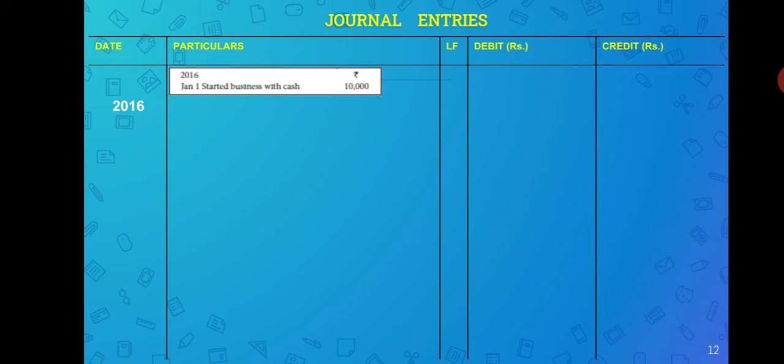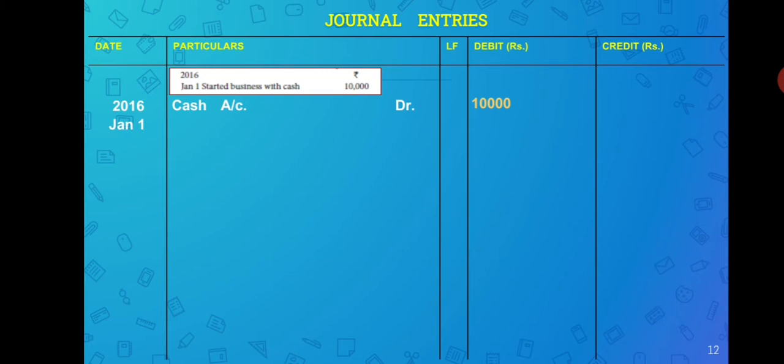Now write the date in the date column, 2016, year first, month and date, January 1. So in this transaction it is clearly understood cash comes into the business. So debit what comes in. So cash account is debited and then write the amount in the debit column.